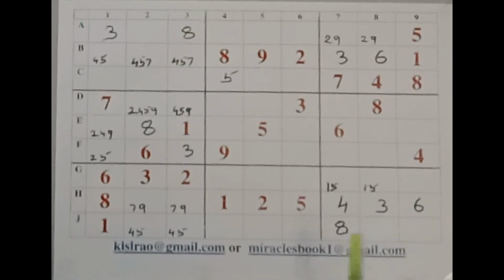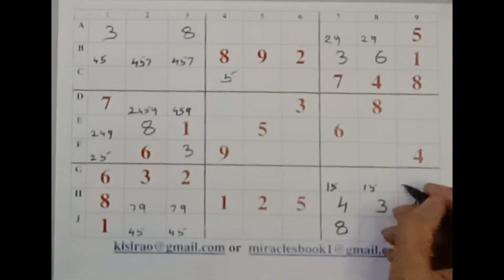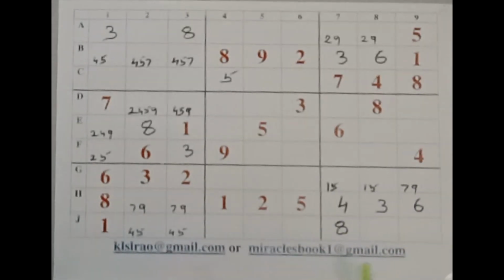We need 2, 7 and 9 for these 3 cells. Let us fill them up now. We have a 2 here. So 7 and 9 here. All 3 numbers here in these 2 places. 2, 7 and 9. Okay.